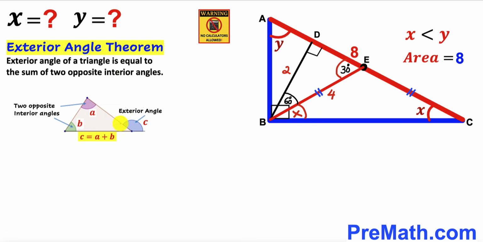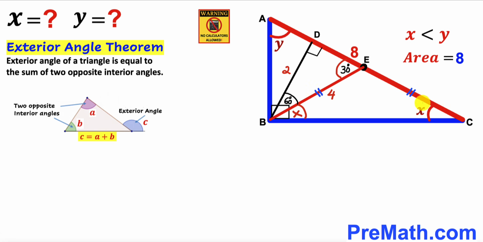Here we have angle C as our exterior angle, where angles A and B are the two opposite interior angles, such that angle C equals angle A plus angle B. Here this 30 degrees is our exterior angle, and it is equal to the sum of the two opposite interior angles x and x.